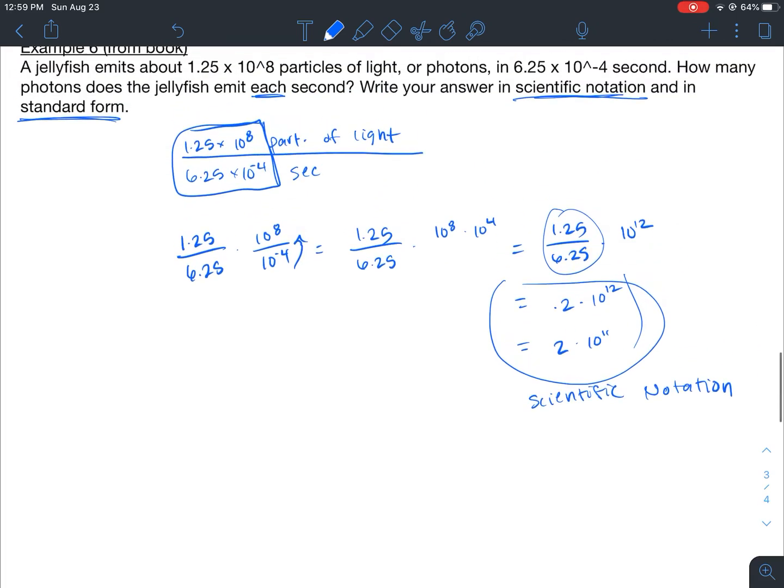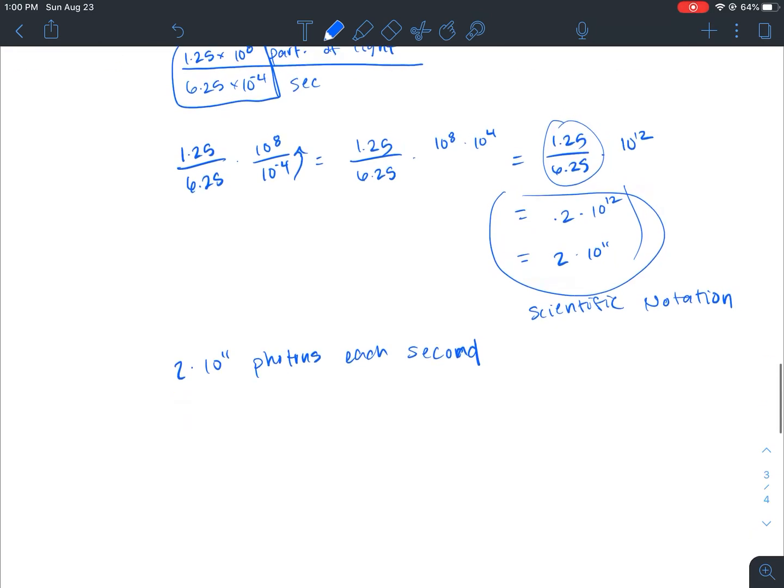So if we want to write that out, it says how many photons does the jellyfish emit each second? It emits 2 times 10 to the 11 photons each second. And if we want to write it in standard form, we just have to write that out.